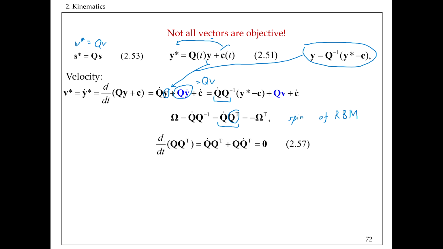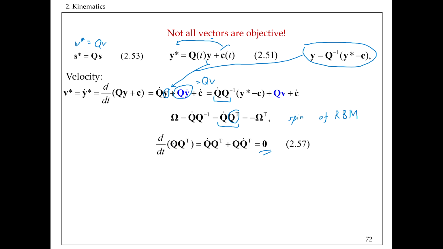So we have the time derivative of q times q transpose, which we know is the identity tensor, and if we take the time derivative of the identity tensor, we obtain 0, right?